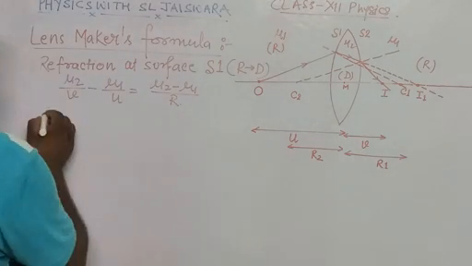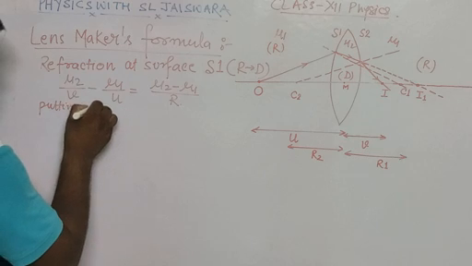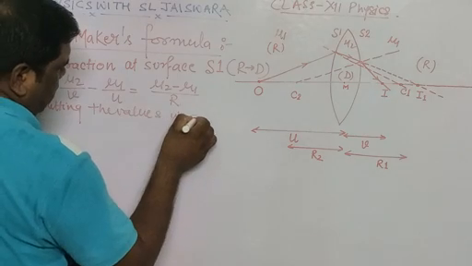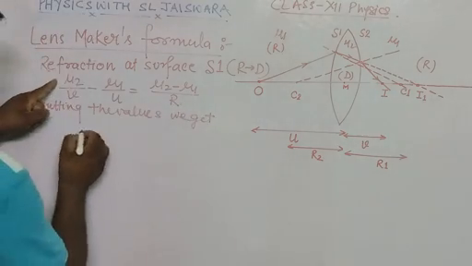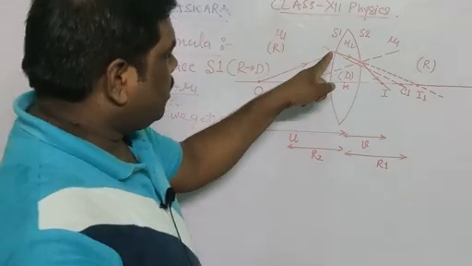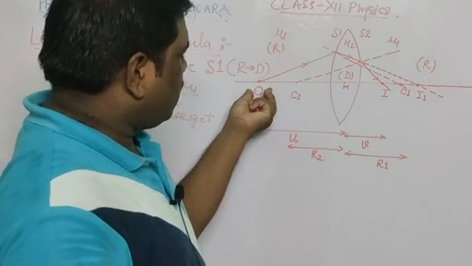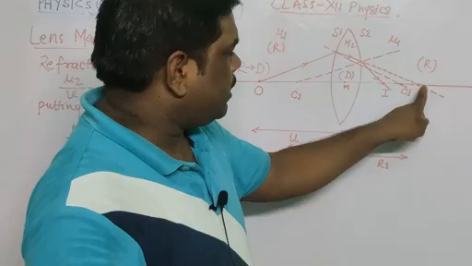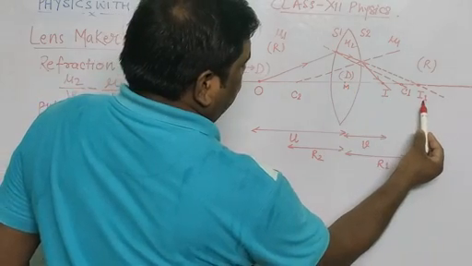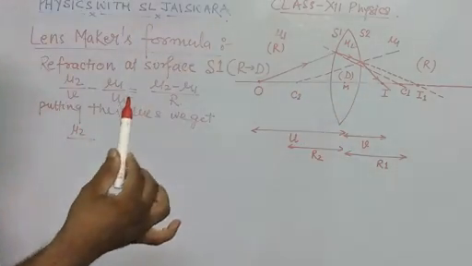Let us substitute the values. What will we get, children? See, mu2 upon V, that is image distance. This surface S1 makes the image of this object which is placed at O here at I dash. So MI1 will be the image distance for surface number 1. Clear?